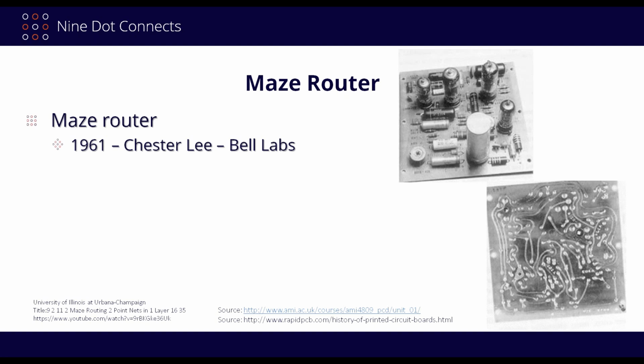Okay. In addition, what's interesting about Moore is that though he was an electrical engineer per se, he was very interested in artificial intelligence, and so that's why he was looking at these concepts of how do I route from point A to point B, or why am I coming up with state machines, because he was very interested in artificial intelligence. So this fellow by the name of Chester Lee comes out from Bell Labs.